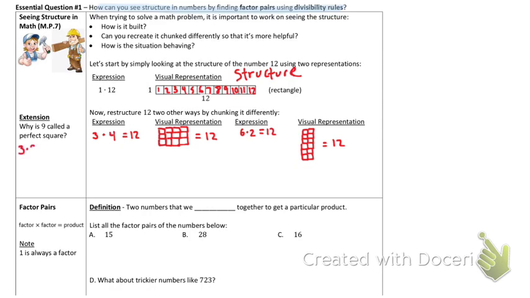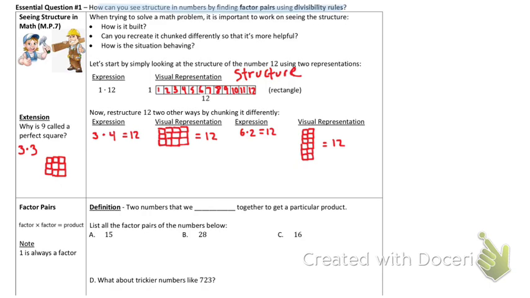So 3 times 3, and the visual representation looks like this: 1, 2, 3, 1, 2, 3, and we fill in the rest.